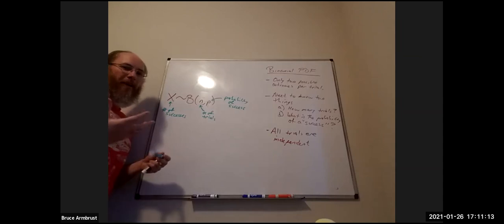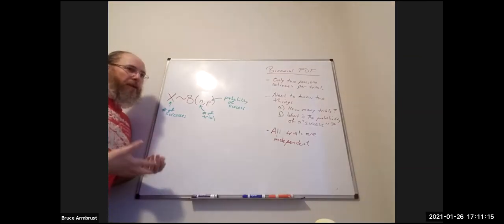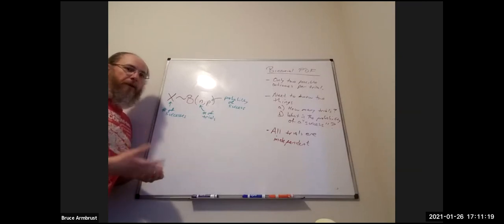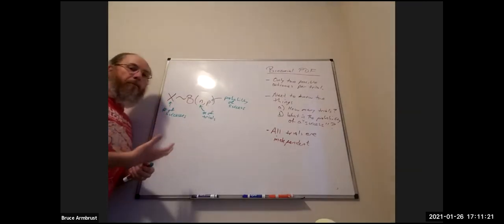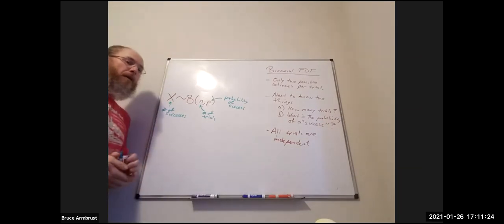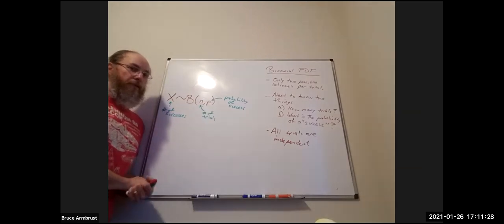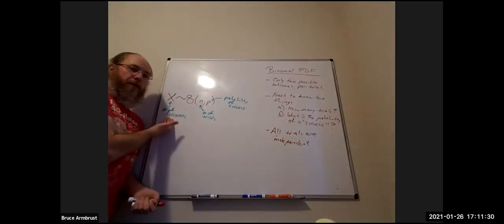Remember that the variable is always something that we're keeping track of, that we're measuring. In this case, it would be the number of successes. So the binomial distribution is going to give you the probability of a certain number of successes.